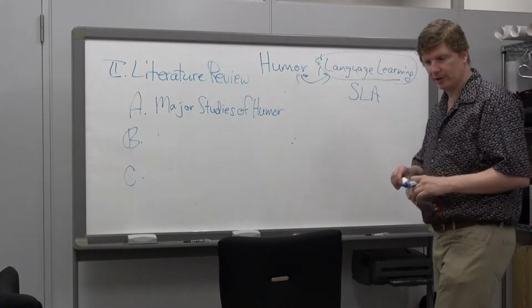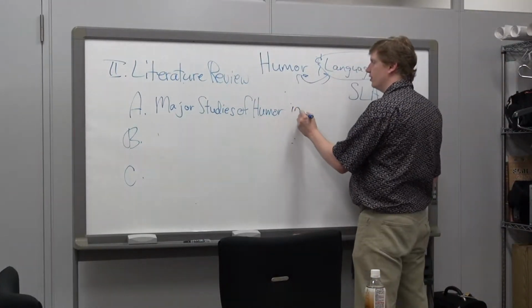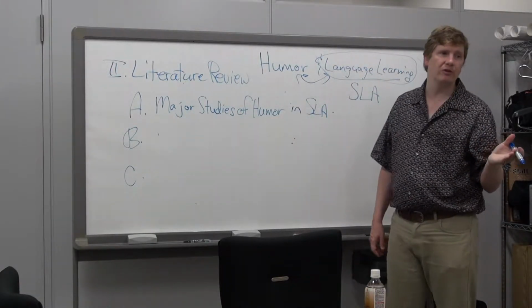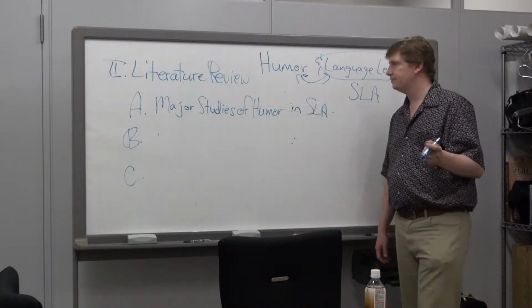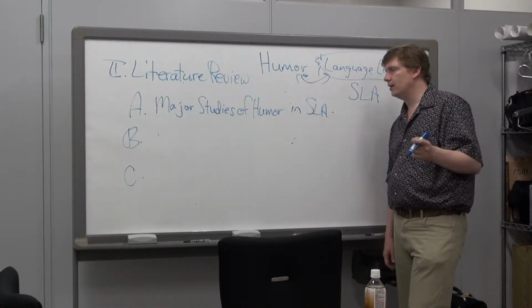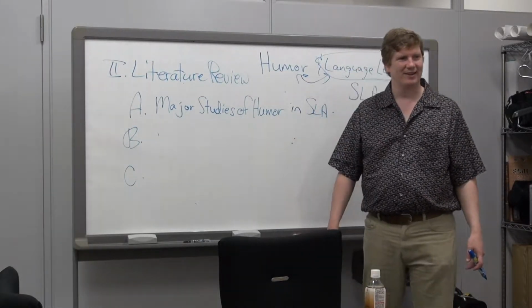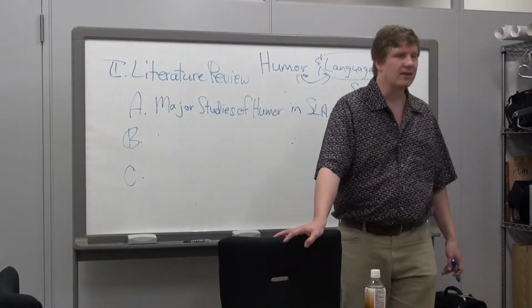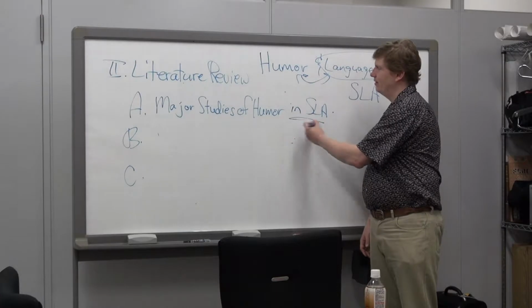Now that's one way of doing it. Or you could do it as major studies of humor in SLA, if there's enough information there to support that, right? Okay. If you did that, then what would B be? I'm going to take my shoes off again. What would B be, right?